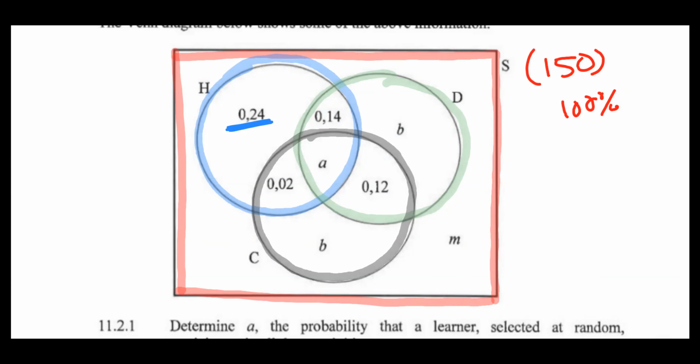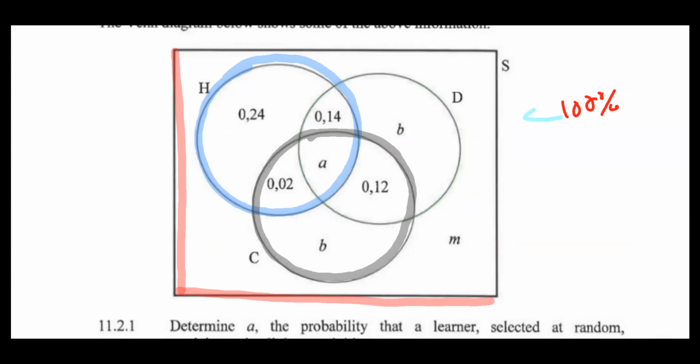Also, here's some more information given. The number of people that debate only and the number of people that play chess only are the same. So whatever this decimal is going to be, it's going to be the same here as well.